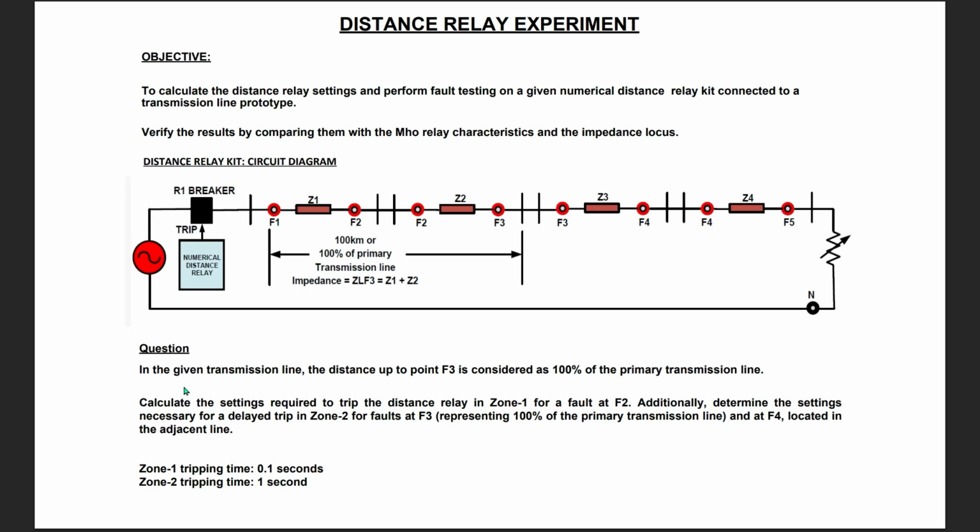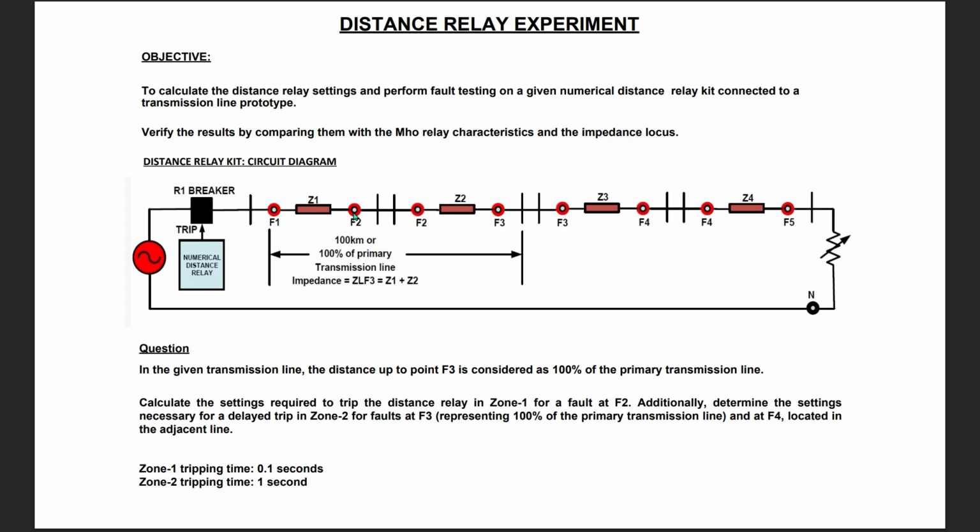The question is, in a given transmission line, the distance up to F3 is considered as 100% of the primary transmission line. Calculate the settings required to trip the distance relay in zone 1 for a fault at F2. In other words, when a fault is at F2, the relay will trip in its zone 1 area.